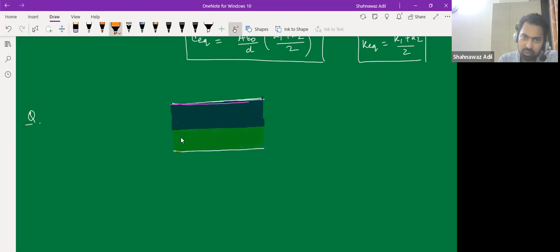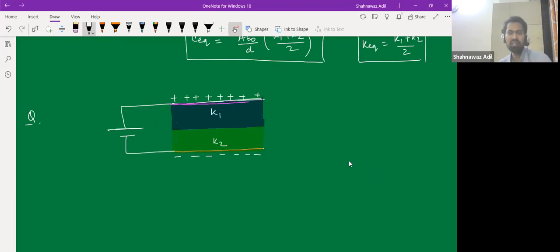These are the two dielectrics. This one is connected with the positive terminal, and this one is connected with the negative. So this is positive, this is negative. This is K1, this is K2.